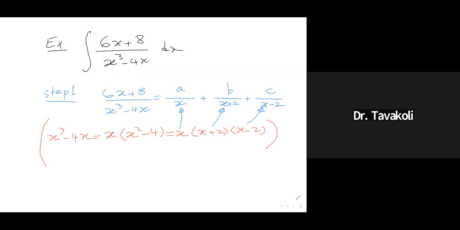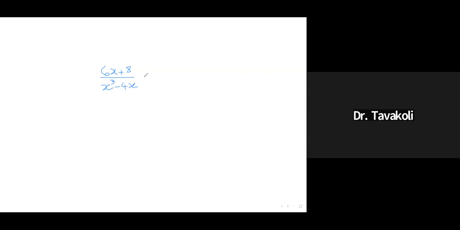So this was equal to, let me make some space because I want to multiply something by both sides, a over x plus b over x plus 2 plus c over x minus 2.